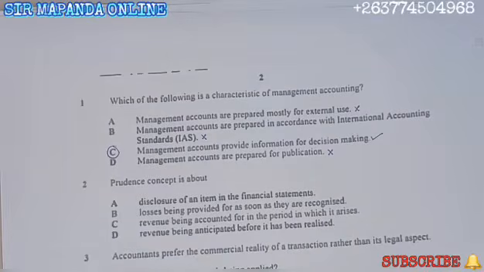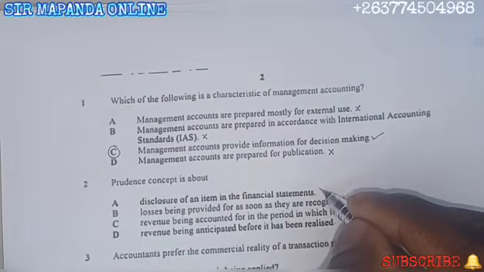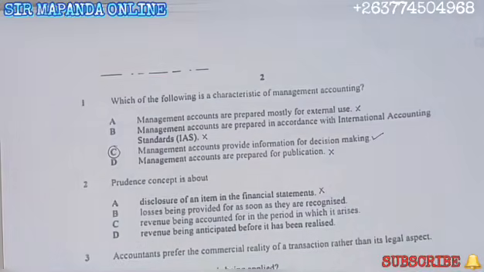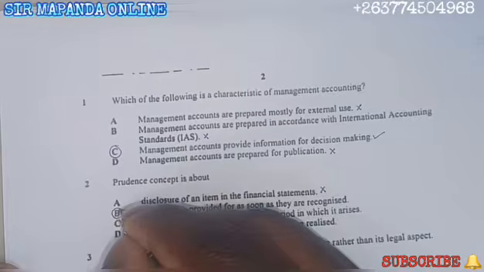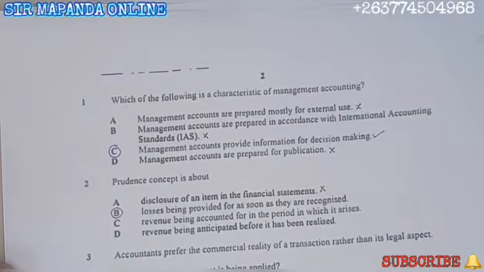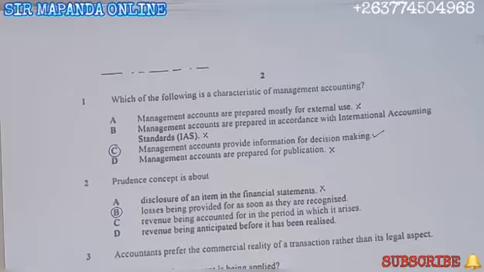Prudence concept is about part A, disclosure of an item in the financial statements. This is wrong. Part B, losses being provided for as soon as they are recognized. This is correct. Part C, revenue being accounted for in the period in which it arises. This is wrong.